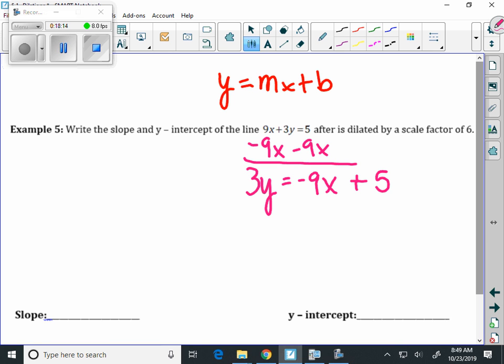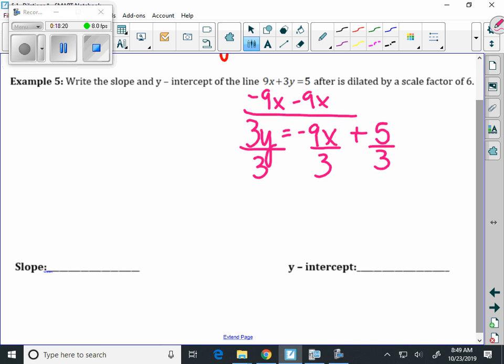3 times y, we need to undo that multiplication by dividing by 3. And when we do, we have our slope-intercept form. -9 divided by 3 is -3x. And you don't need to change that fraction to a decimal.